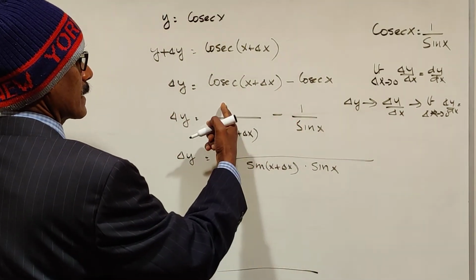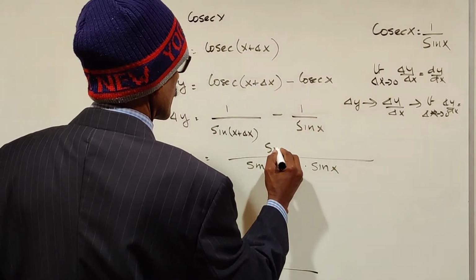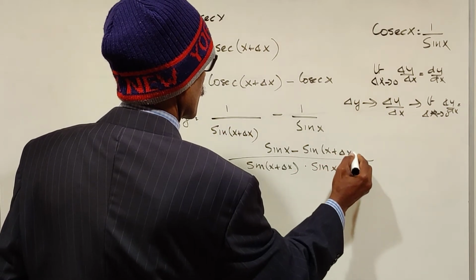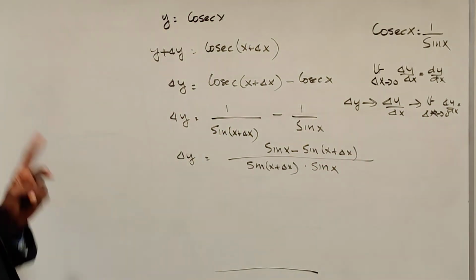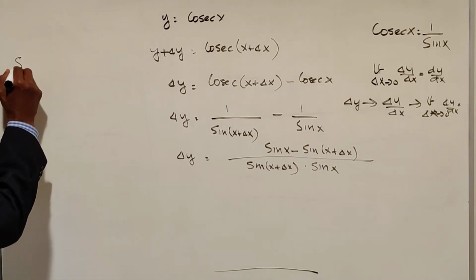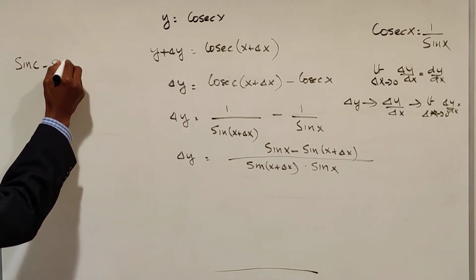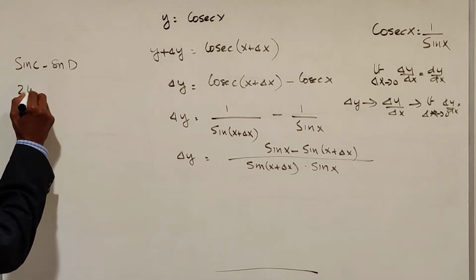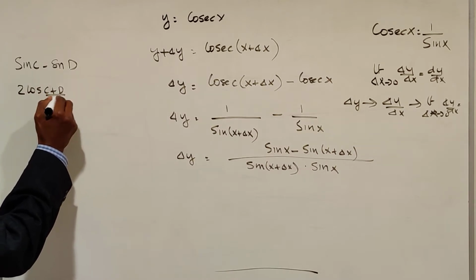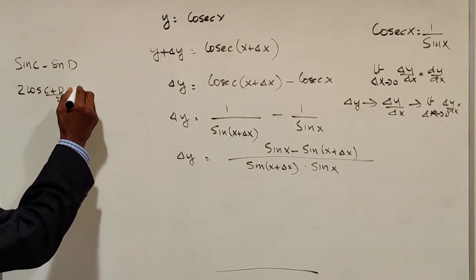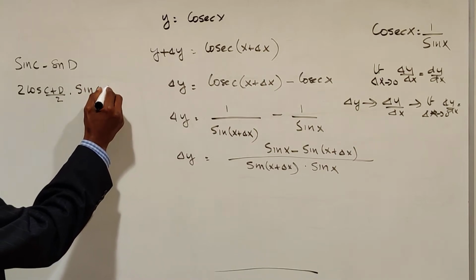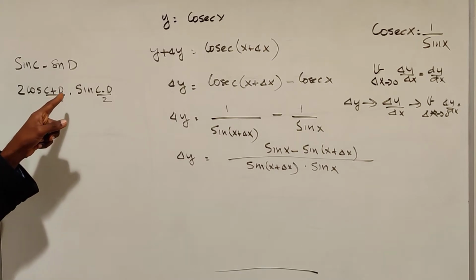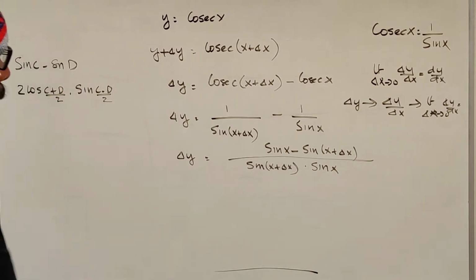Now, what is sin c minus sin d? Sin c minus sin d is 2 cos of c plus d by 2 times sin of c minus d by 2.